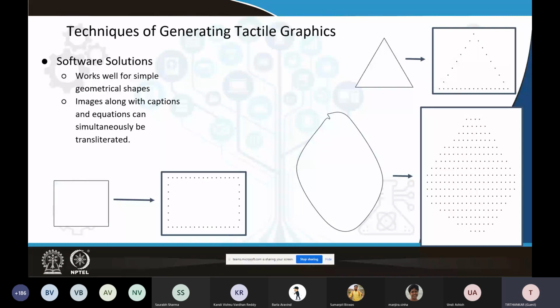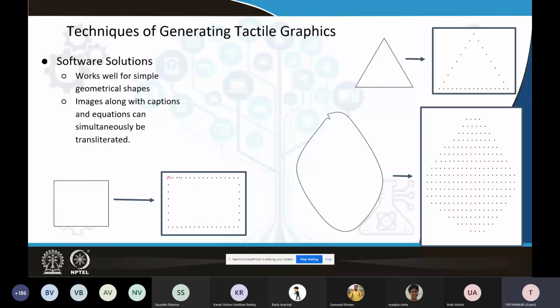But again, these are for simplistic images, and you can see that these kinds of images can be converted in terms of these braille dots. So these are nothing but the braille dots that you have already seen. So the issue is how can we convert these things?